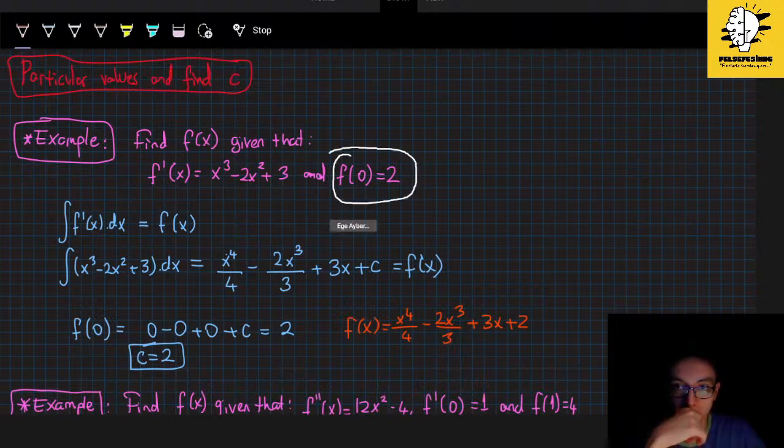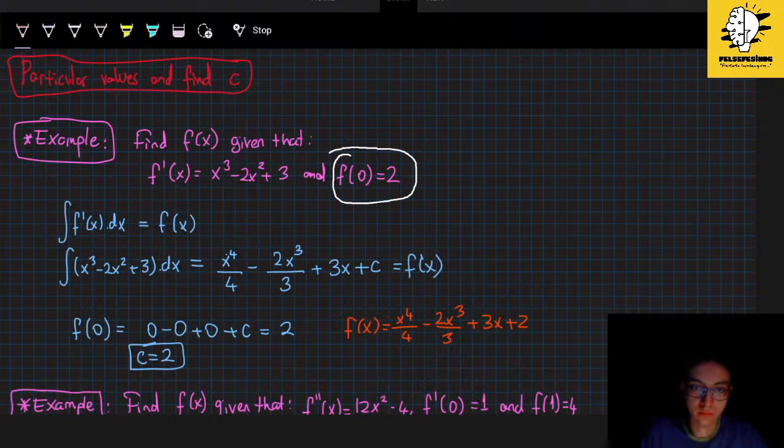And this is the part where I was talking about finding c, right? You have to have additional information. So c could be anything, but it gives us additional information. This is the tricky part. So we are taking the integration of the derivative.